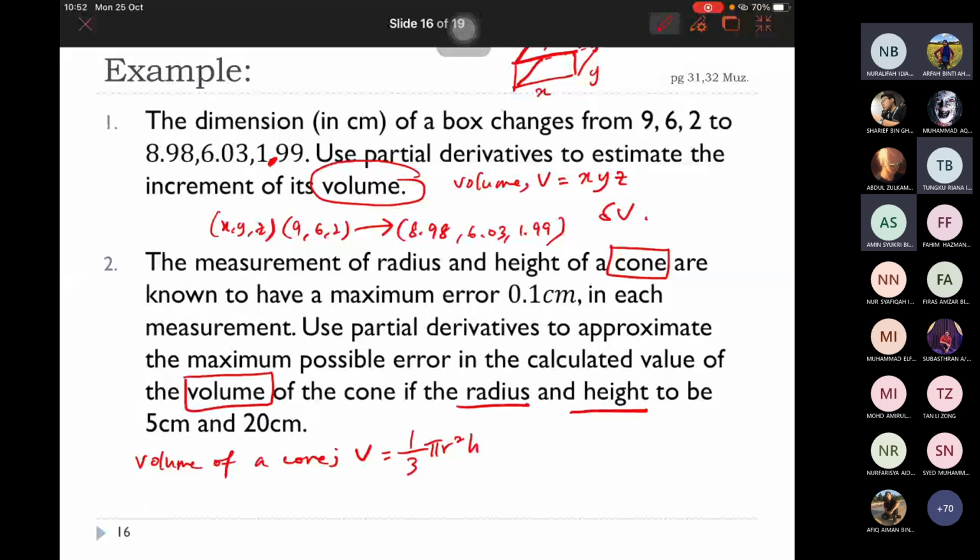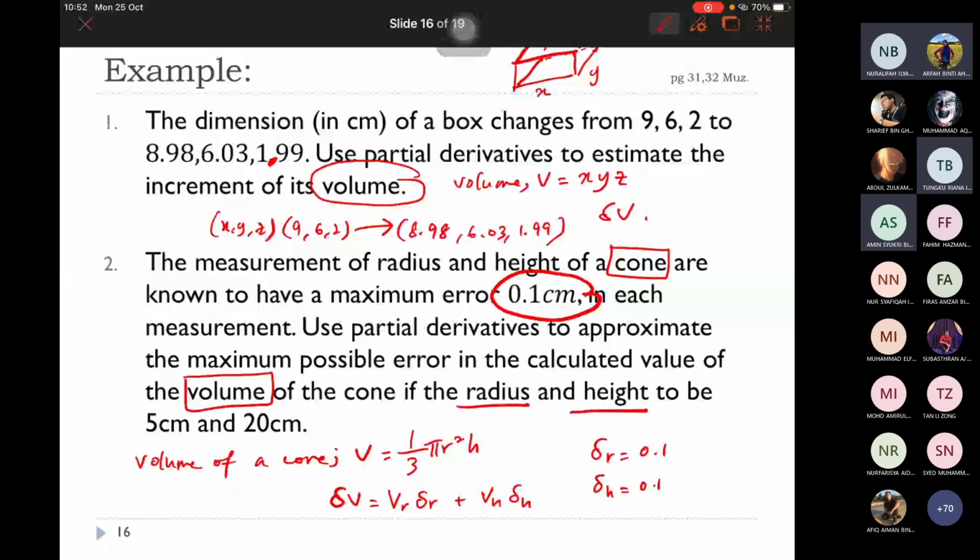The error is 0.1 cm, meaning delta r equals 0.1 cm and delta h equals 0.1 as well. From here we want to get delta V, which equals Vr delta r plus Vh delta h.